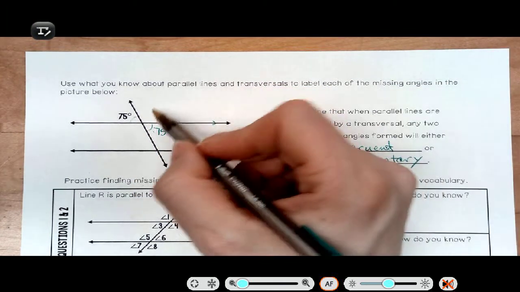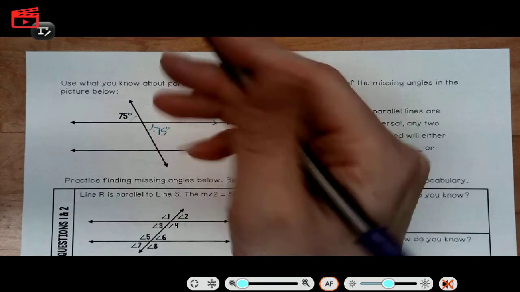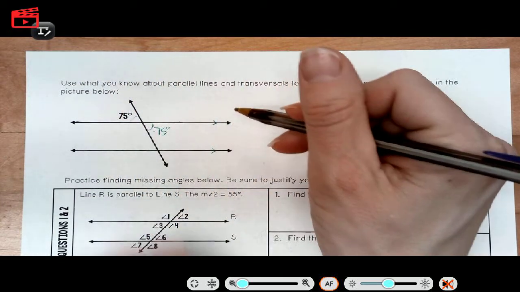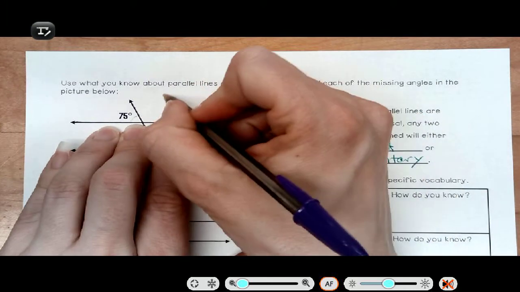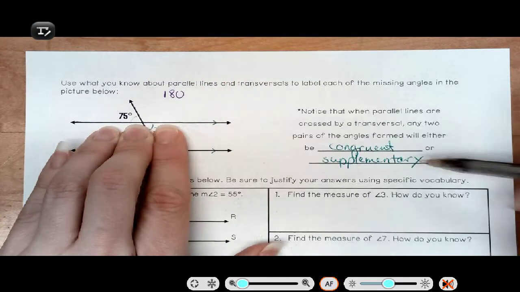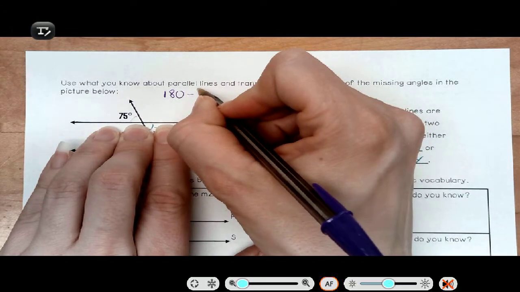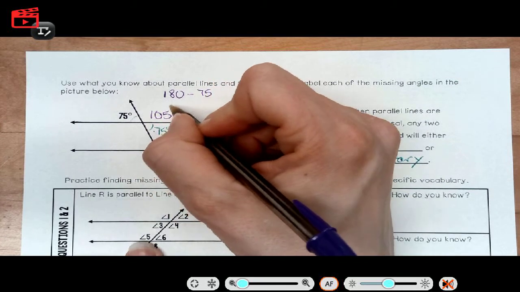Now, if I want to find this angle right here, notice that this is a straight line, okay? These 2 angles are a straight line. So over here, I know they're going to be supplementary. They add to 180. So if I go 180 minus 75, this ends up being 105 degrees.